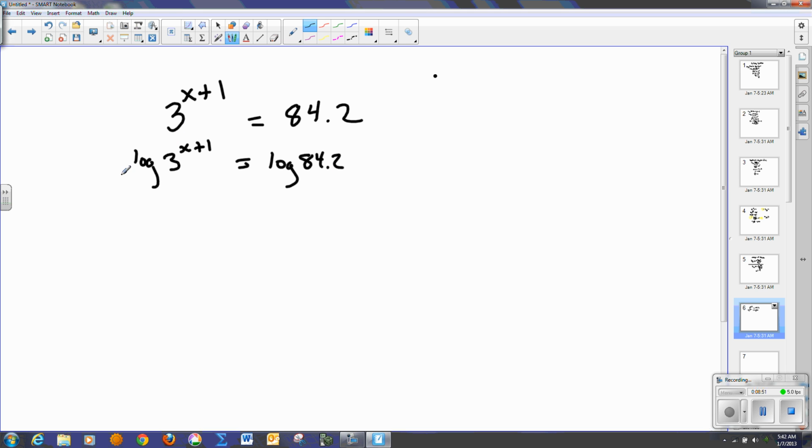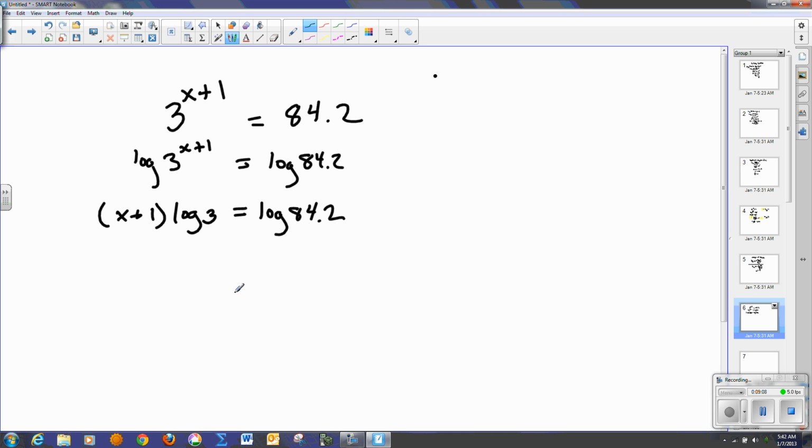I can bring that power out in front, so that's the quantity x plus 1 times the log of 3 is equal to the log of 84.2.